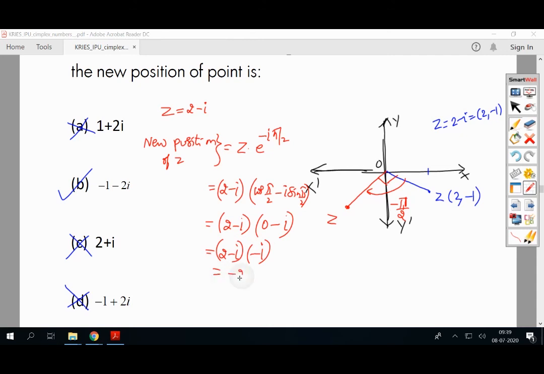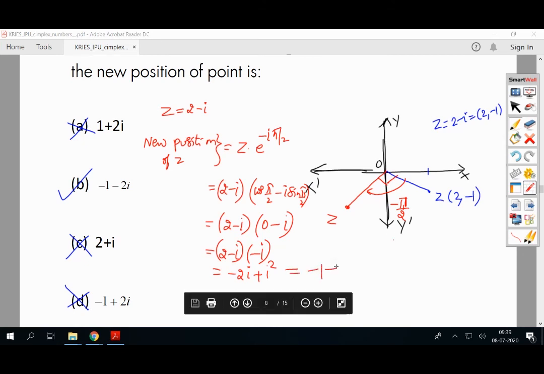Now see whether the answer we wrote is correct. -1 minus 2i is exactly correct. So if you have some basic idea of representation of complex numbers geometrically, you can easily make use of the answers without working the problem. So the correct answer is -1 minus 2i.